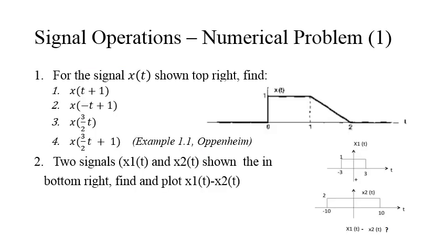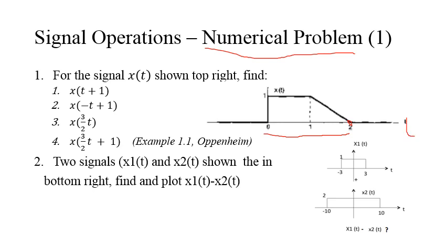These are examples of signals for practice. This is the numerical example for practice, and you are given a signal that is defined here graphically. This signal has a value of 1 from 0 up to 1, and from 1 up to 2 it is a decreasing value, and at 2 it comes to 0.